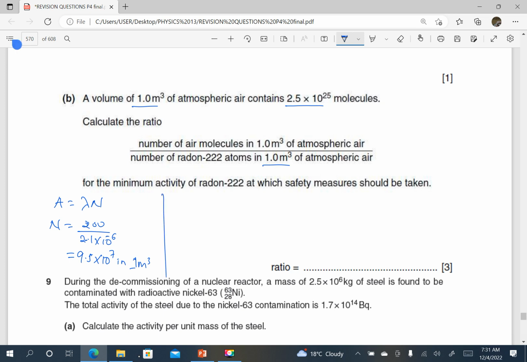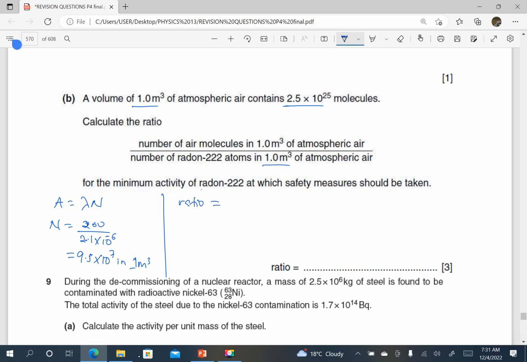So calculate the ratio: the number of air molecules in 1 meter cubed, which has been given, over the number of radon atoms in 1 meter cubed of atmospheric air for the minimum activity of radon at which safety measures should be taken. Remember, the minimum activity was 200 becquerels per meter cubed. So we can now find our ratio.